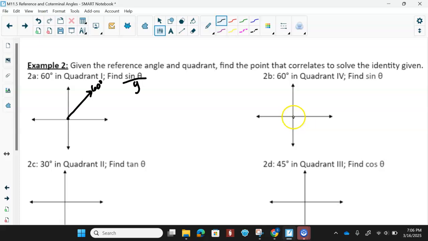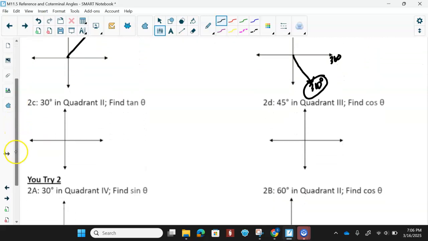So what angle has a reference angle of 60 degrees? Well, if this is 360, then we're talking about 300 degrees, because that has a reference angle of 60 degrees. Then at 300 degrees, you would find your y coordinate.